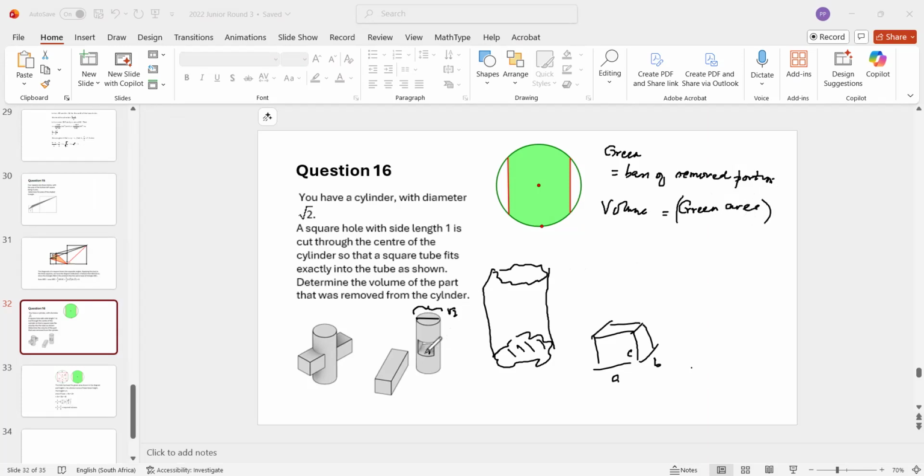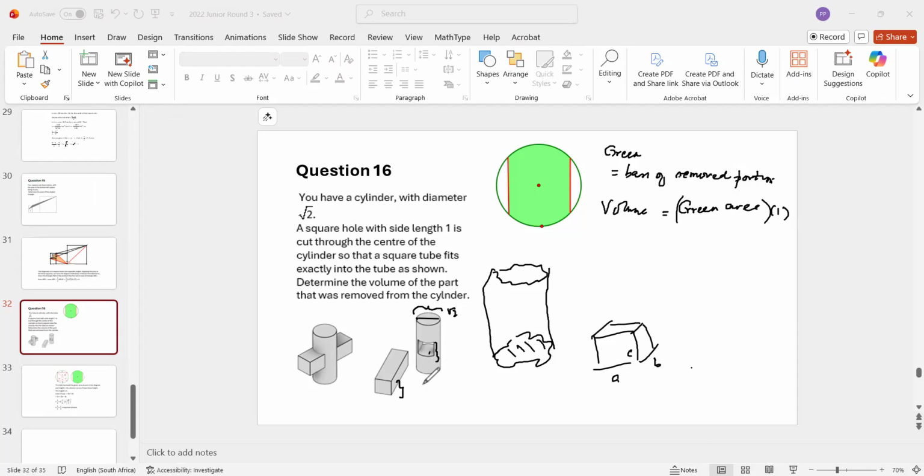The square hole fits exactly, so the height is exactly equal to the height of this thing, which is square 1 by 1 all around. So the height is equal to 1.